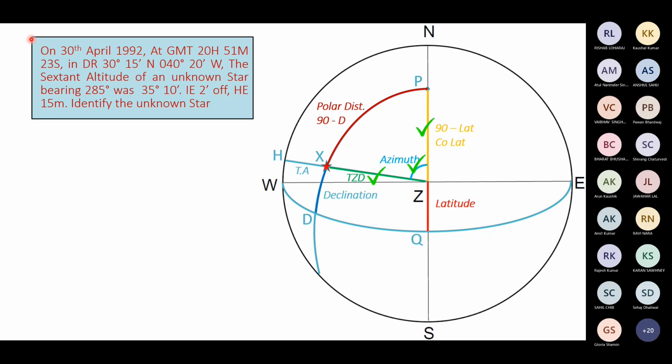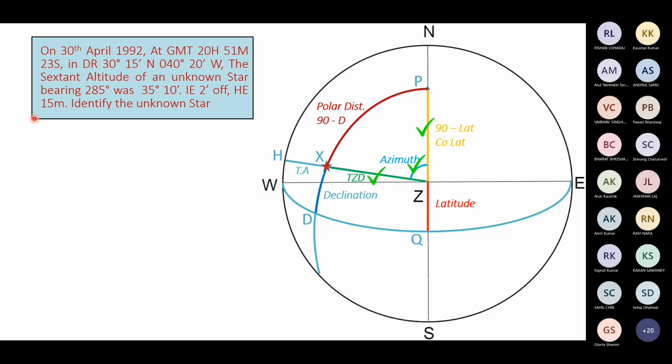So let's see how the cosine formula is applied and how we obtain the missing parts. We have the question now mentioned on the top left corner so that you can correlate the working easily at any time. Now, as we have seen in the PZX triangle, we have two sides known to us and the included angle.